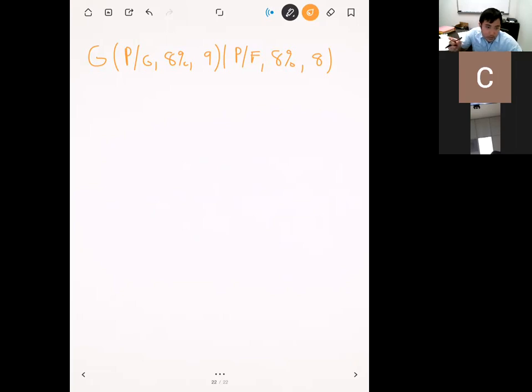But remember, for an arithmetic gradient, year 1 is always going to be blank. So if we count 8, 9, 10, 11, 12, 13, 14, 15, 16, 17, the amounts are actually starting to increase on this year.